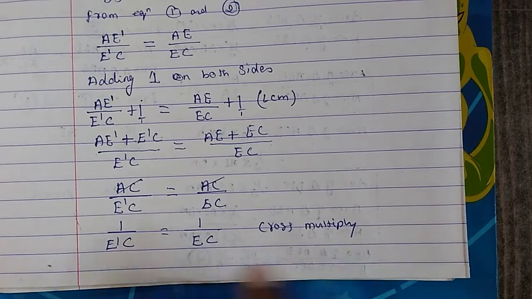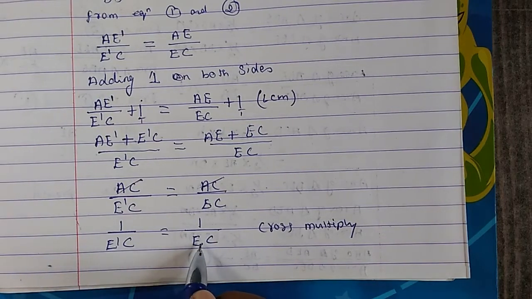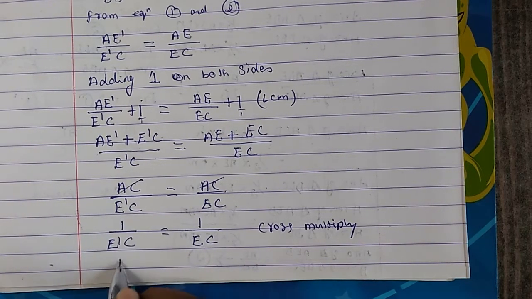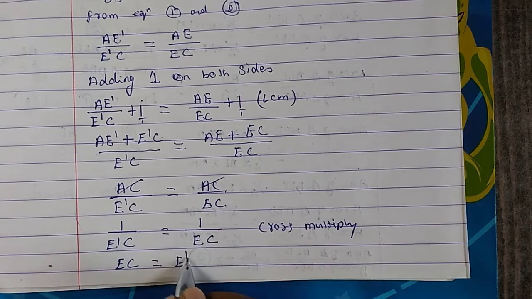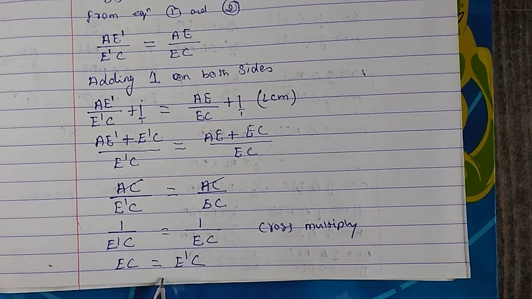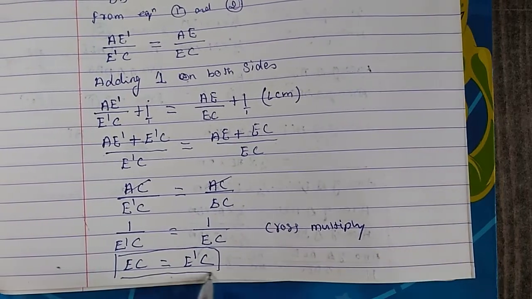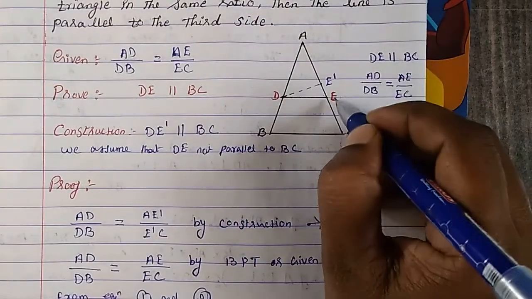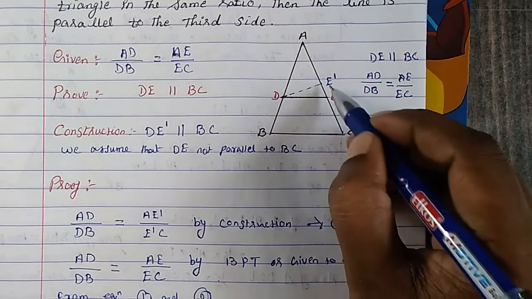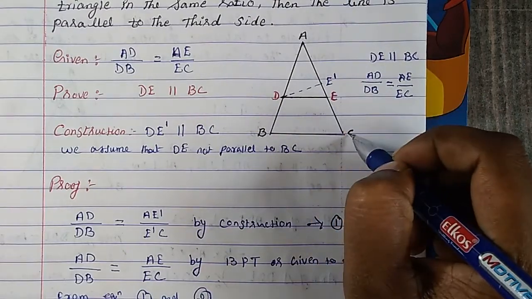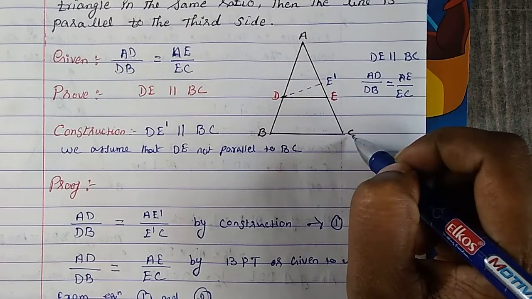So when we do the cross multiplication with EC, EC into 1 will give us EC, and E dash C into 1 will give us E dash C. So we have proved that EC is equal to E dash C. That means if EC is 5 centimeter means E dash C also is 5 centimeter.